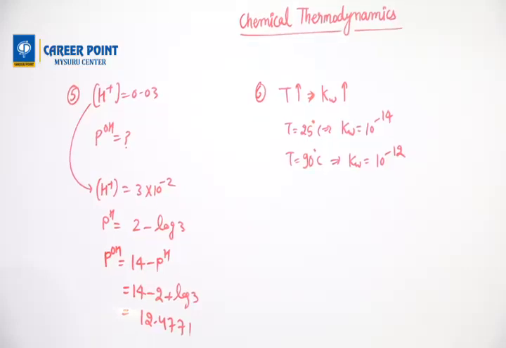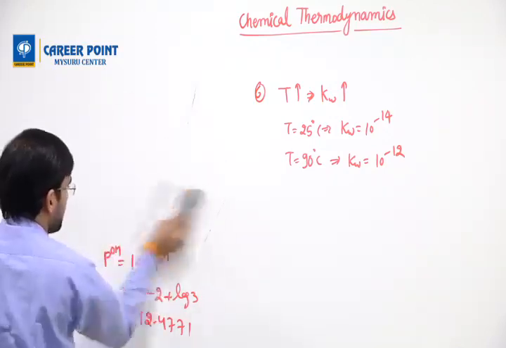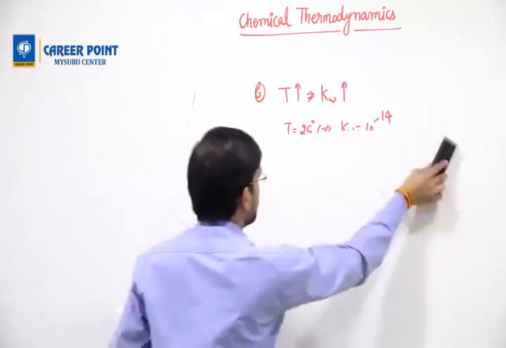If you do not solve the module, you will find it very difficult in the exam to get the marks. So I suggest you start solving the module daily. Next chapter is chemical thermodynamics.